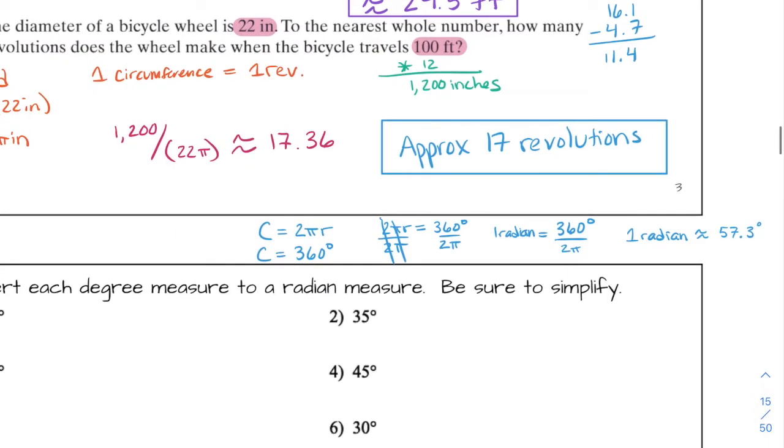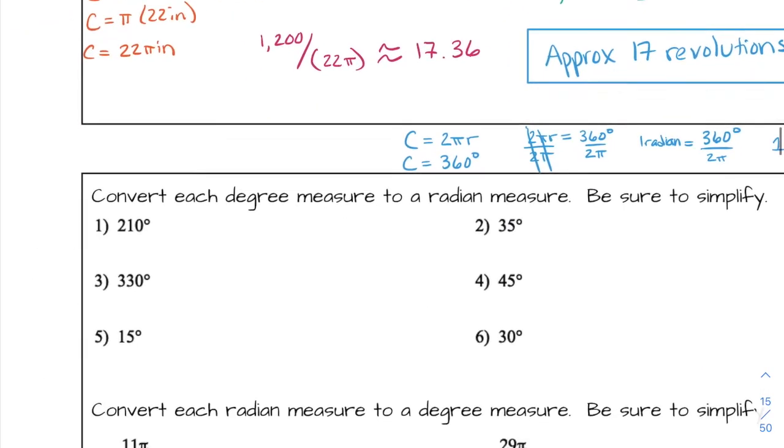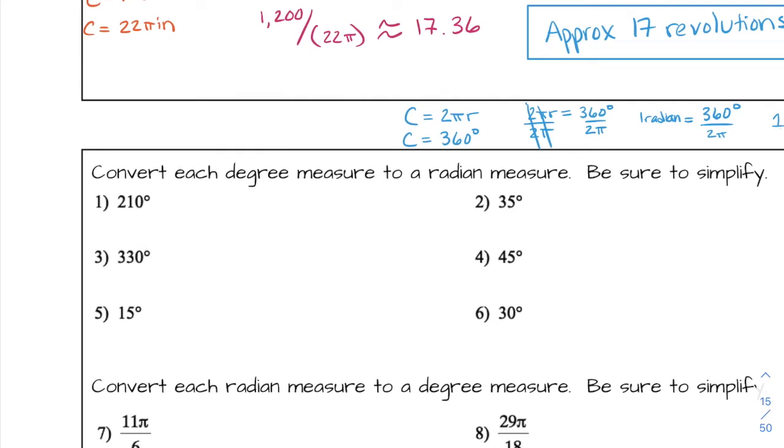And there are 2 pi radian measures within this circle. So if you do 2 pi times 57.3, then you get back up to your 360 degrees. That's the theory behind it, but let's just do something simple and convert them.